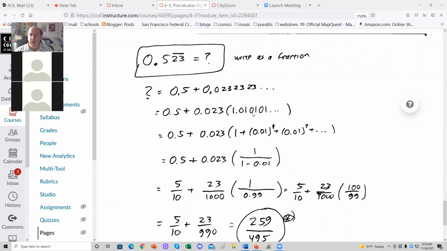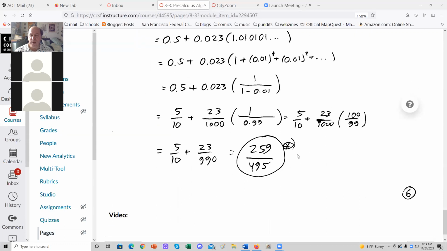Okay, now this 1.01010101 and so on, you can think of as an infinite geometric series. It's 1 plus 0.01 to the first, plus 0.01 to the second, plus 0.01 to the third, etc. forever. So we'll write that as the initial term 1 over 1 minus the common ratio, 0.01. So we have 0.5 plus 0.023 over 1 minus 0.01.